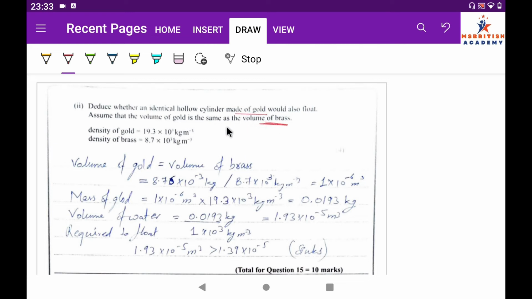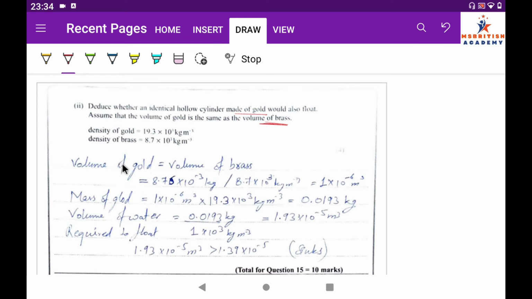Will it float or will it sink? The density of gold is 19.3 into 10 raised to 3 kg per meter cube, and the density of brass is 8.7 into 10 raised to 3 kg per meter cube.